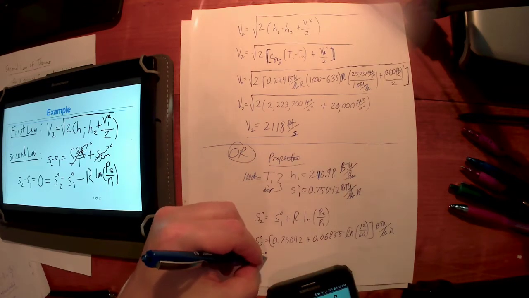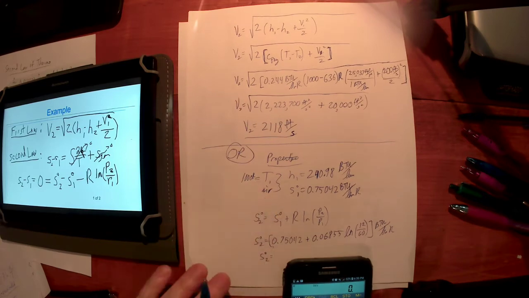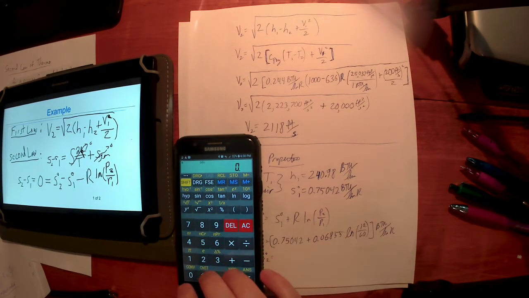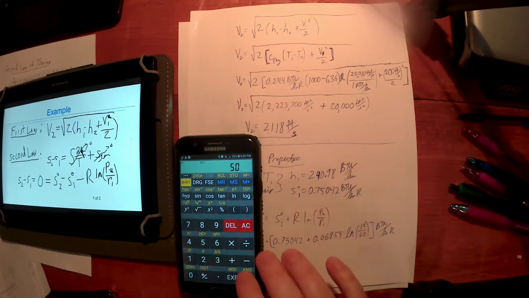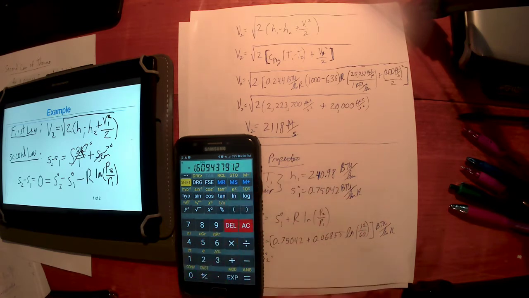So s degree 2 then, let's see that. Let's do 12 divided by 60. I should have written this number down, so we don't have to find it every time, times 0.06855. Okay, that is this quantity here.